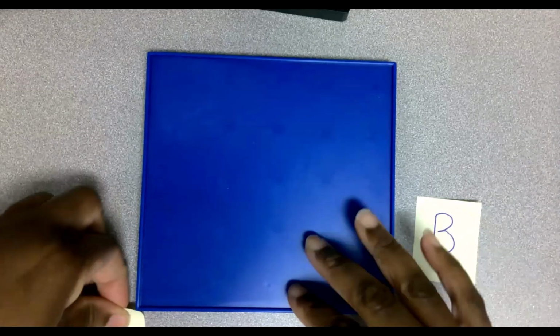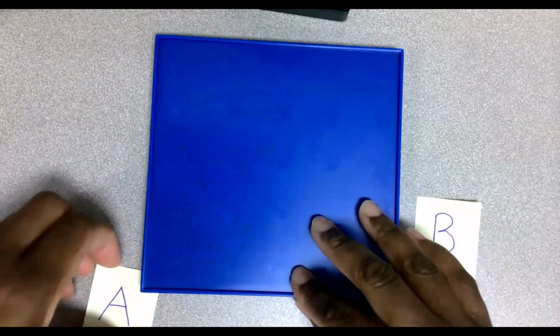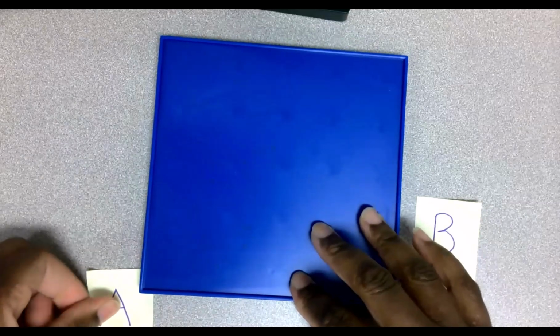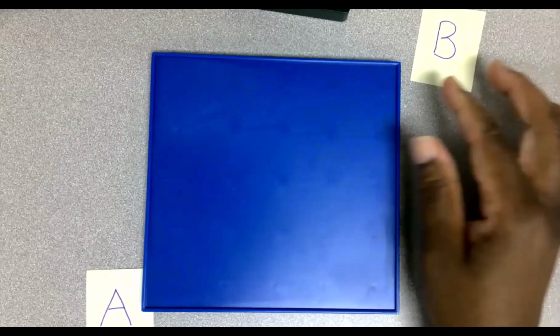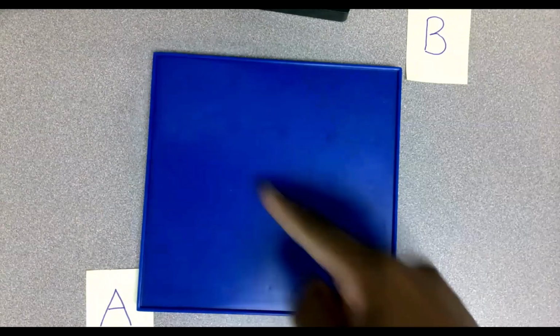I can even imagine if I move my sticky notes a little and I decide that this will be my A and this is my B. I can even imagine pulling vertex B over to touch vertex A, and then therefore creating a line of symmetry, which would mean that I've partitioned my square into two congruent parts, and a line of symmetry would have been created.